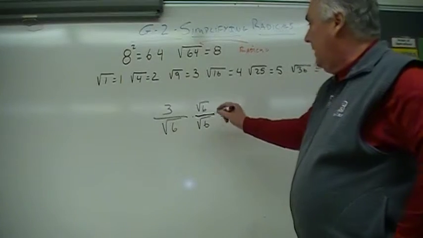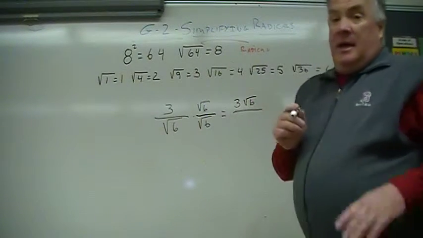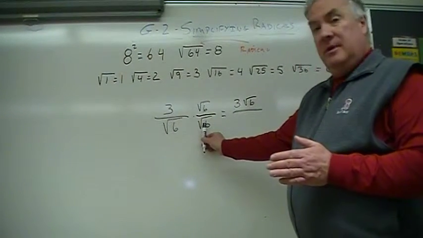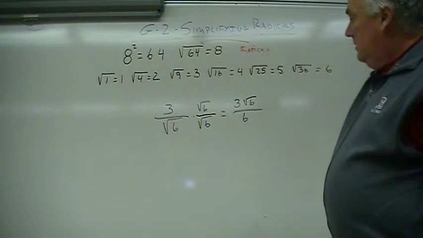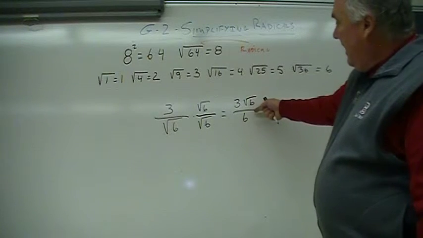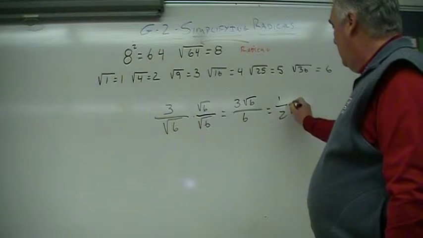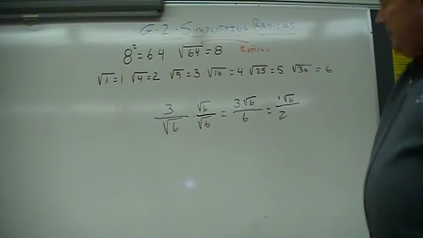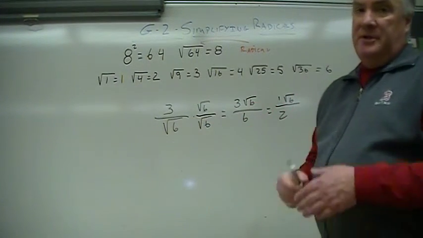We're simplifying it. So we have 3 times the square root of 6. Here's the real important aspect. Square root of 6 times the square root of 6 is 6. It's kind of the reverse of this up here. So we have this, and this simplifies. 3 over 6 is 1/2. And there is our answer. Square root of 6 over 2. So there's our division type problem.